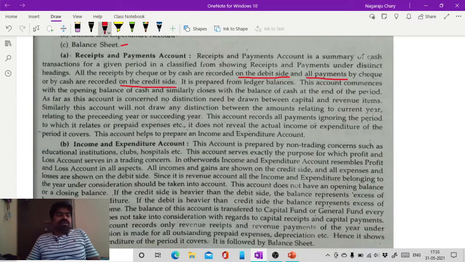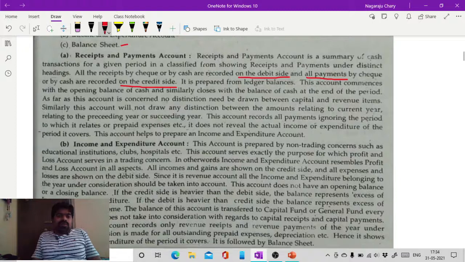So let us see, it is clear: all the receipts are recorded on the debit side, all the payments on the credit side. What we record in the cash account, in the cash book, is followed here also. From the cash book we prepare ledger balances, but here we need not prepare any balances; it is the receipts and payments account.